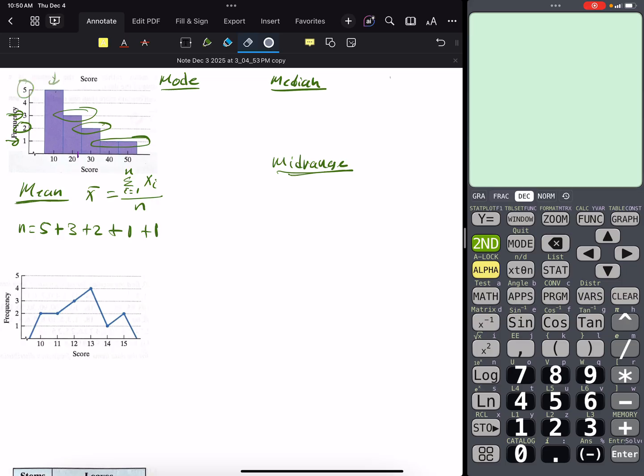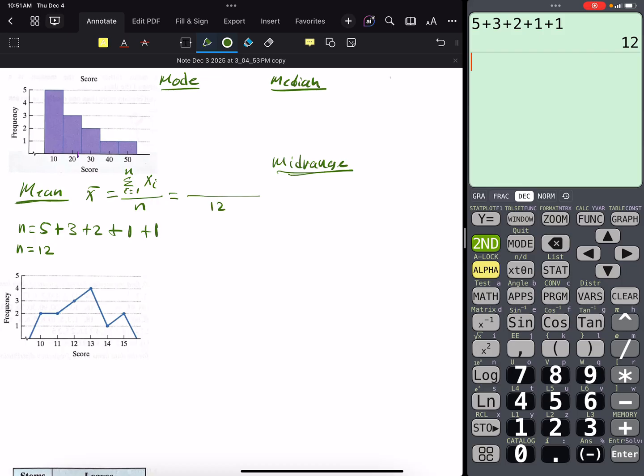Okay. And so how is that going to work out for us? We're going to do 5 plus 3 plus 2 plus 1 plus 1, and that's going to give us a total of 12. So n is going to equal 12.